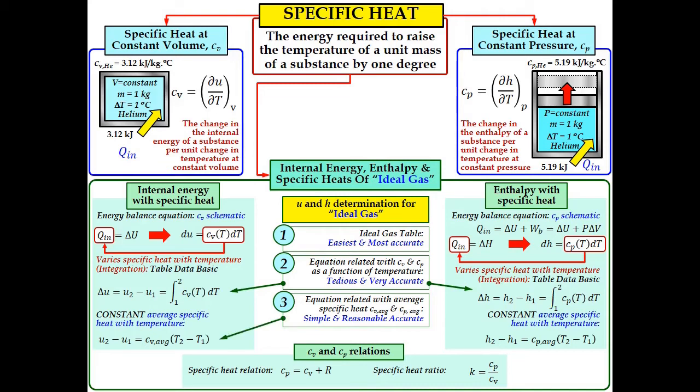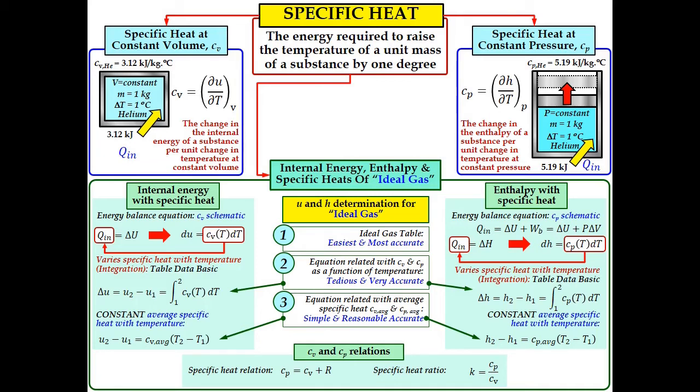For internal energy, U2 minus U1 equal to Cv average multiplied by T2 minus T1. And for enthalpy, H2 minus H1 equal to Cp average multiplied by T2 minus T1.